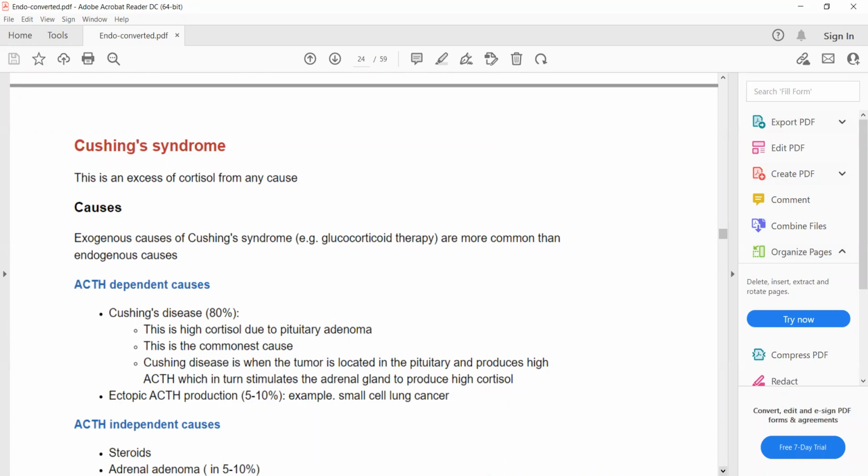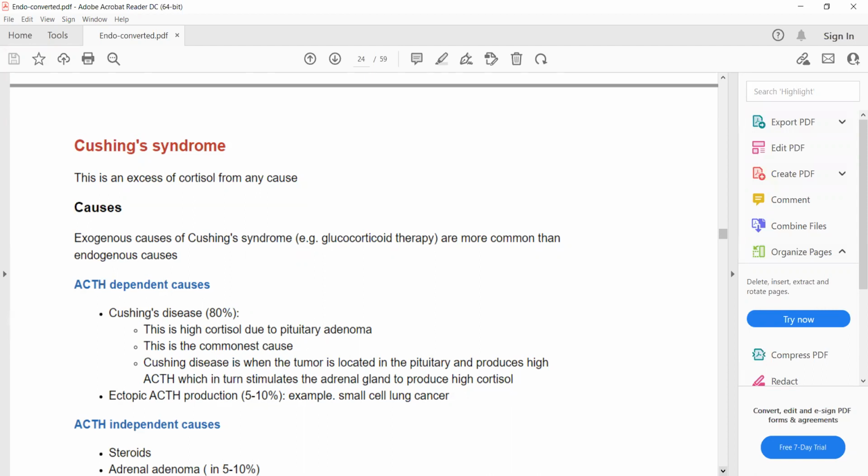Remember that the release of adrenocortical hormone is controlled by the pituitary and the hypothalamus. From the hypothalamus, corticotropin releasing hormone is released, which stimulates the pituitary gland to produce ACTH hormone. And then this ACTH stimulates the adrenal glands to produce cortisol and aldosterone.